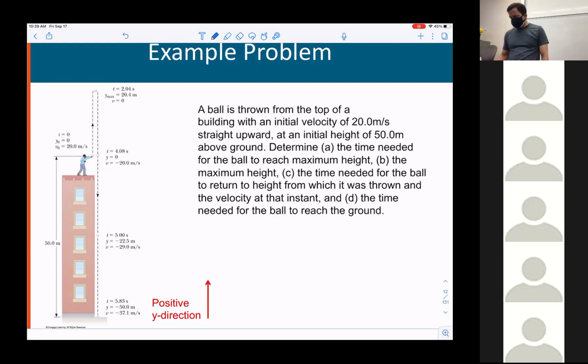Because the acceleration due to gravity is always pointing downwards. And so in this case, your a will be minus g, because downwards is in the negative y direction since you've defined the positive y direction to be upwards.